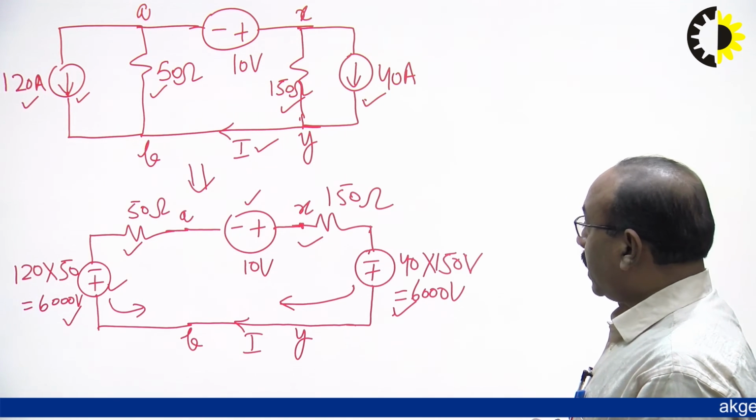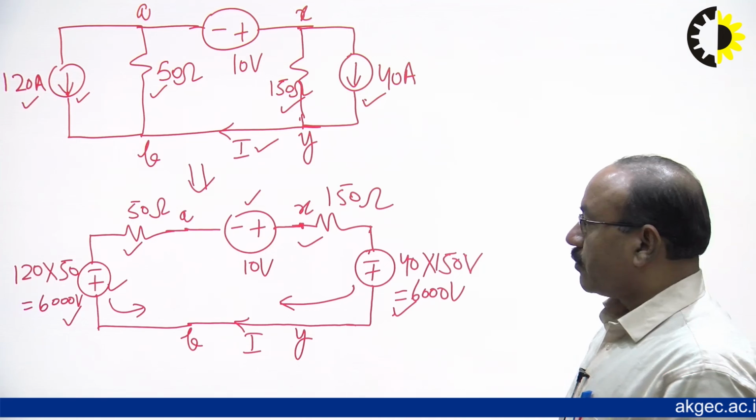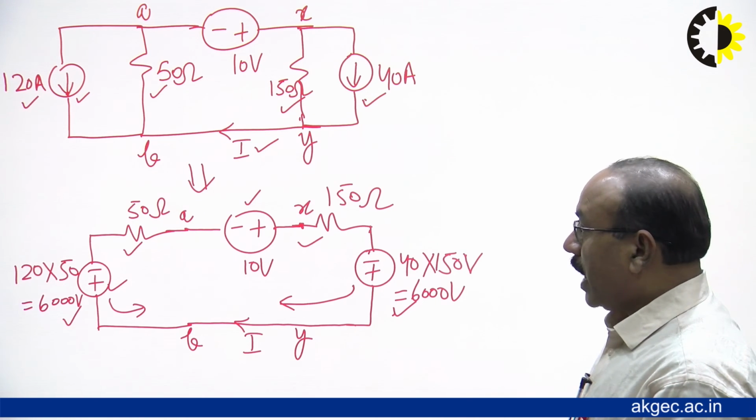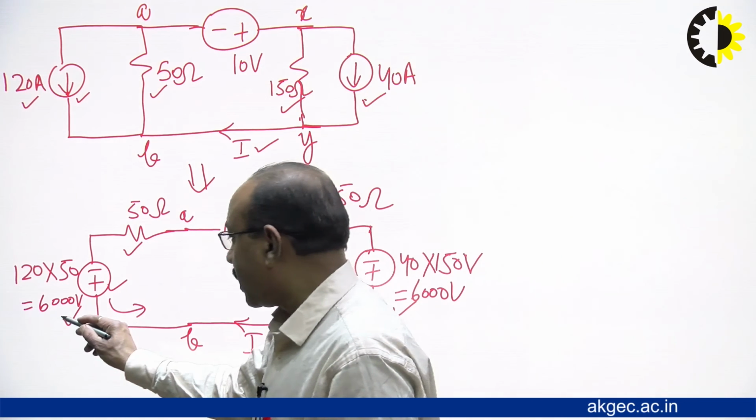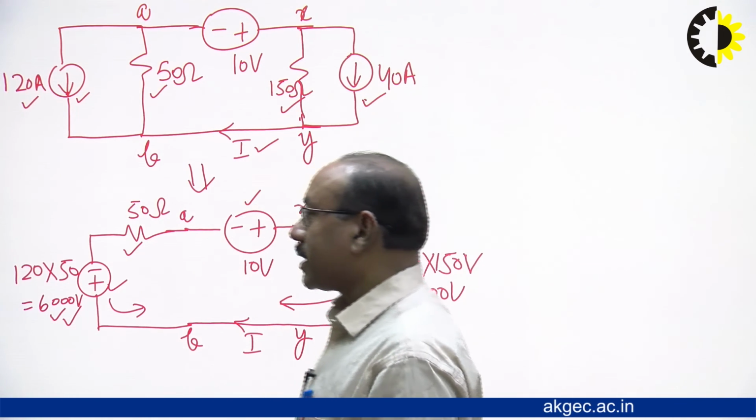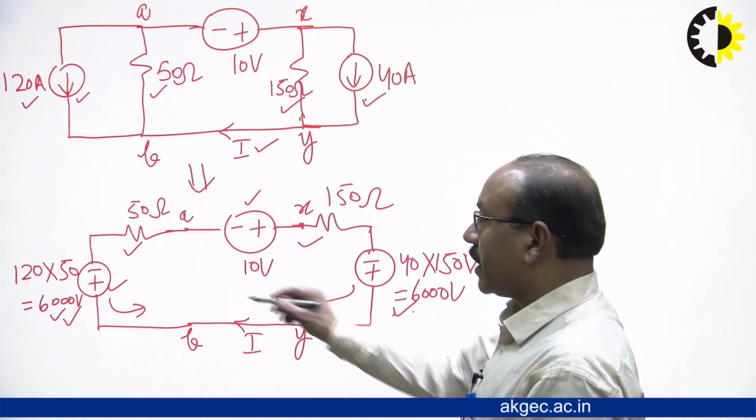So, the resultant voltage of these two voltage sources will be the subtraction of the two, and since both these voltage sources have equal voltages, 6000 volt, 6000 volt, the net voltage will become 0.